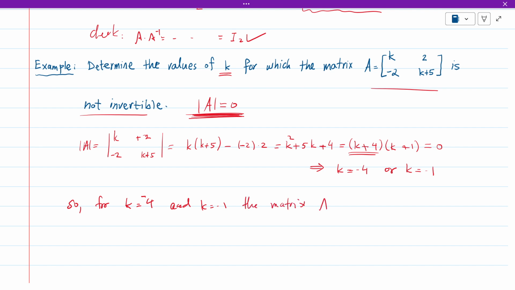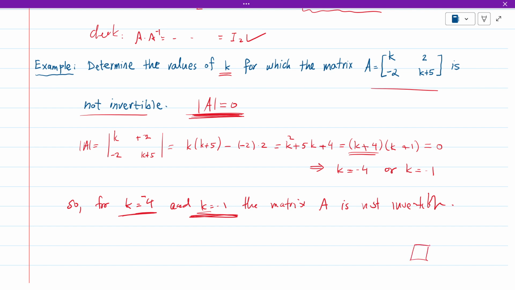The matrix A is not invertible. But for any other value of k, let's say 0, 5, 4, 1, 3, it's going to be invertible. You can find a determinant, and it will not be 0. But for these two, negative 1 and negative 4, it will be 0 and you cannot find the inverse.